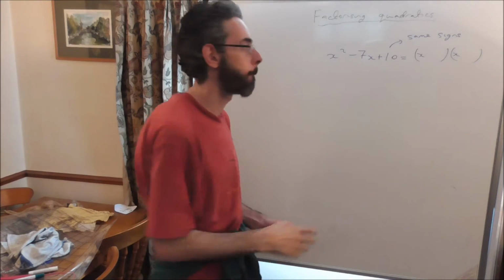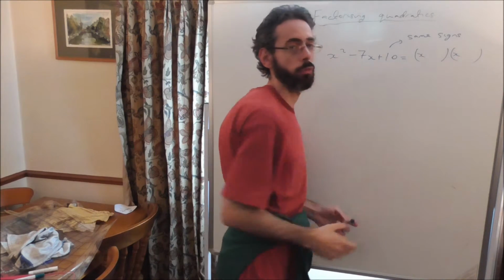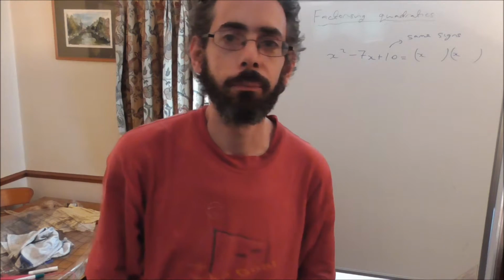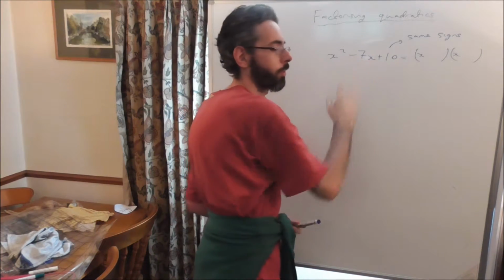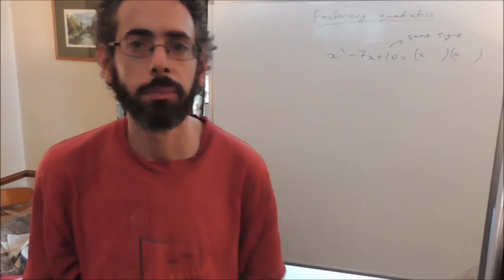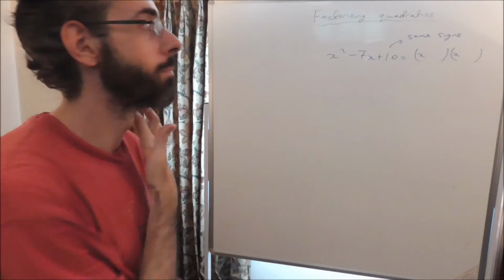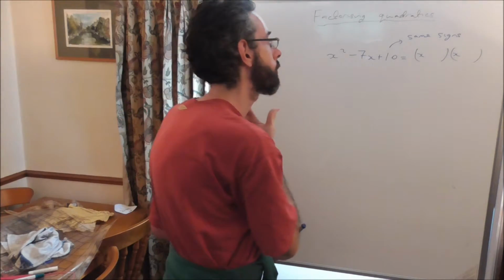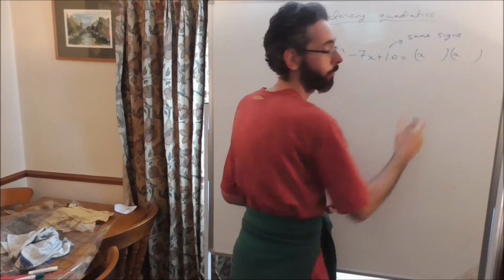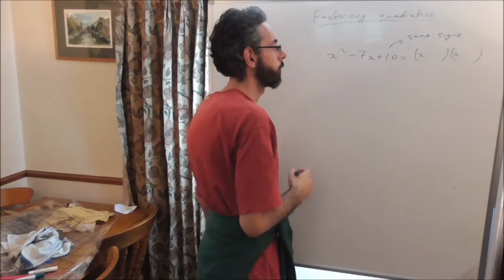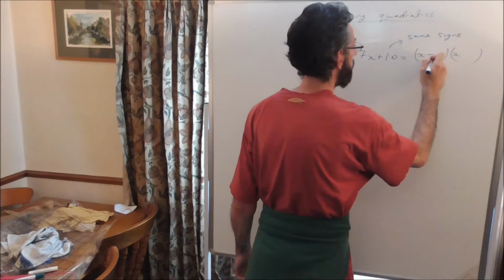That actually tells us that both numbers can't be positive, because if they were both positive, if you were to expand the brackets, you wouldn't be able to get minus 7x, you wouldn't get any negative terms. So if the two numbers have the same signs, the only way to get minus 7x is if they're both negative numbers. So since we know that, we can put the signs in straight away.